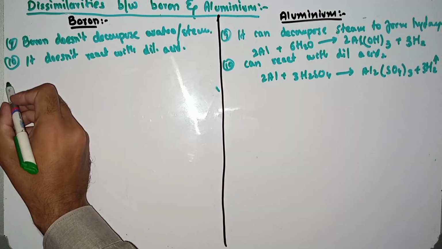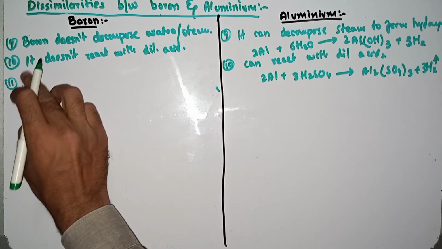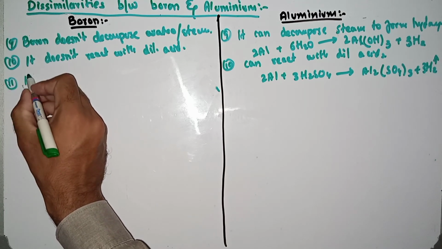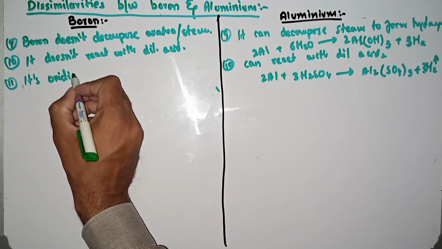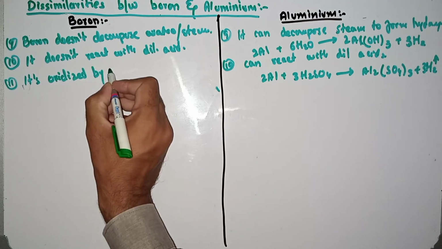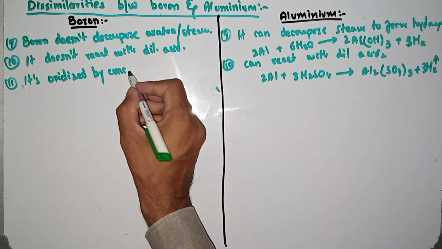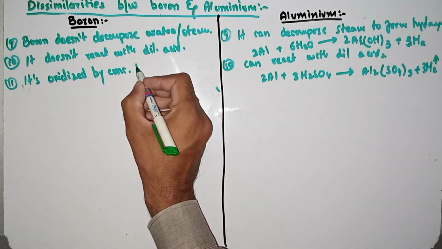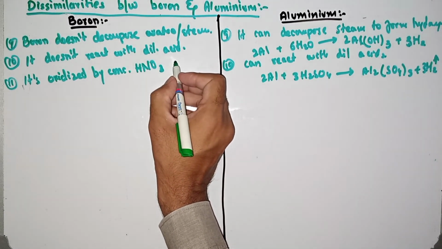In the case of boron, it is oxidized by concentrated HNO3. Now the difference between dilute and concentrated will be clear. Boron reacts with concentrated nitric acid, HNO3, to form boric acid.